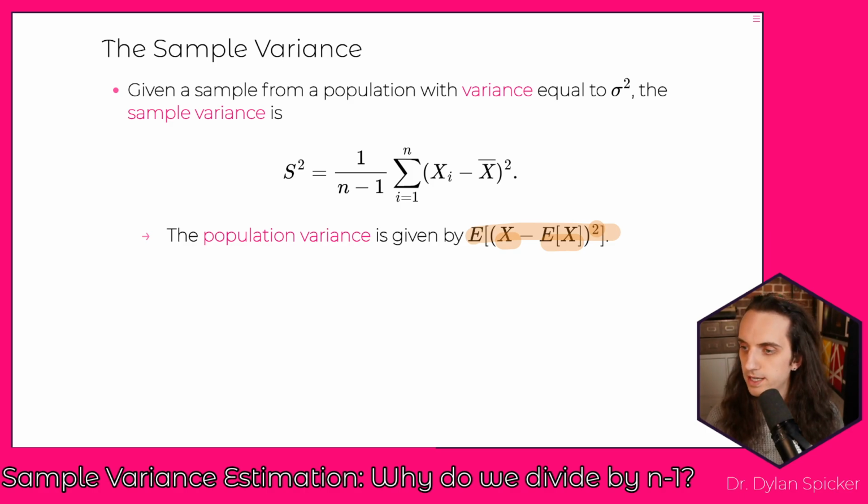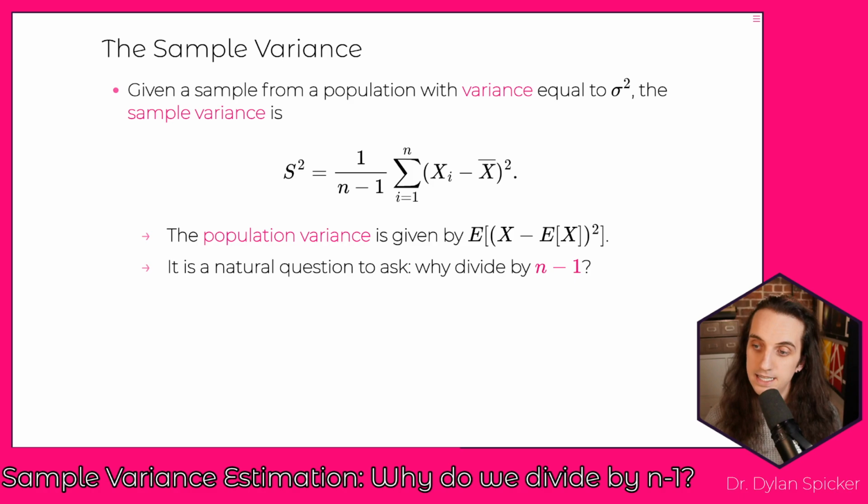So we can think about this internal term as being connected to what we're adding up: we take x minus its mean, and then you square it. But instead of taking the average of this term, which would involve dividing by n, we divide by n-1. And so the question is, why are we doing that?